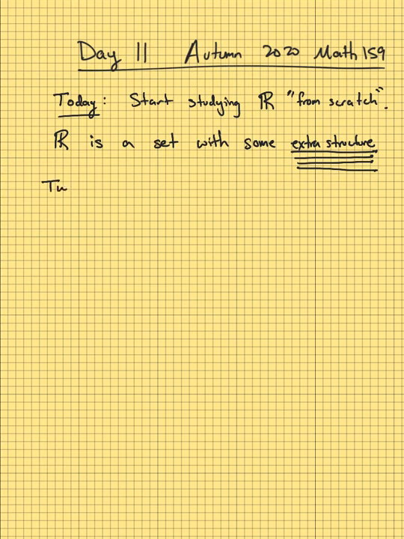There are two ways to combine elements of the real numbers: take x, y in R and produce a third element z, also in the real numbers.